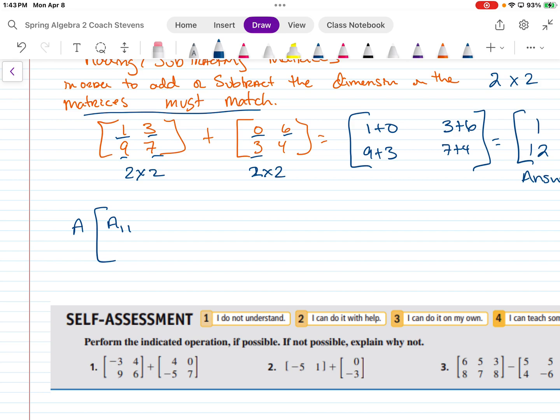And then in the top right, it would be A1,2, meaning row 1, column 2. And then we would have A2,1. And then in the bottom right, we'd have A2,2. And that's how we would label each little piece.